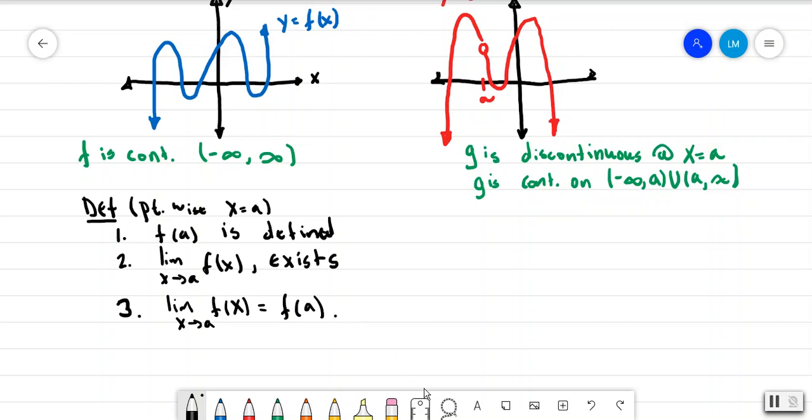So if any of these rules do not match up, then in that case the function is not continuous.